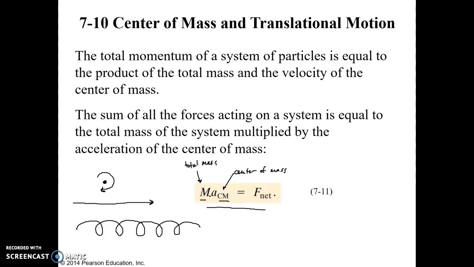So if we're looking at something more complicated than a ball, we do a lot of examples with tennis balls or billiard balls, but if we're looking at something that has a more complicated shape, that might be rotating as well as translating, we can still apply Newton's second law of motion and say that the net force, or sum of forces, is equal to the total amount of mass multiplied by the acceleration of the center of mass.